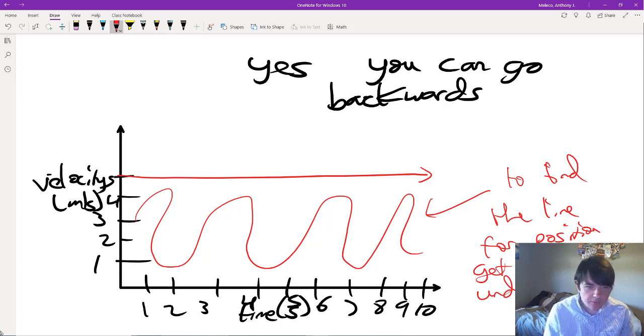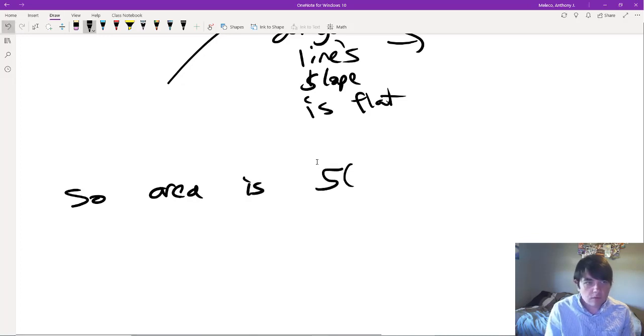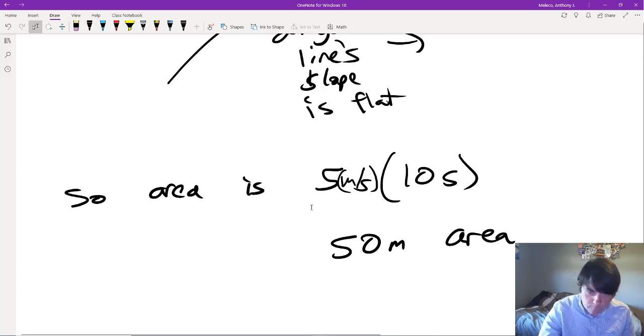So here it goes up to 5 and over 10. So the area is 5, okay, and that's in meters per second, that's the unit, times 10 seconds. This will give us 50 meters of area, okay?